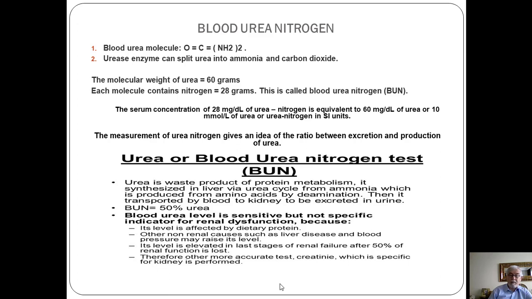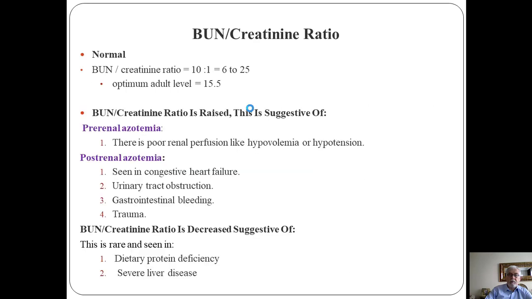Creatinine and creatinine clearance tests are more suitable than blood urea nitrogen, but on the other hand, we also check the blood urea nitrogen concentration in blood. It gives a little bit of information about kidney function and other organ pathologies and problems.